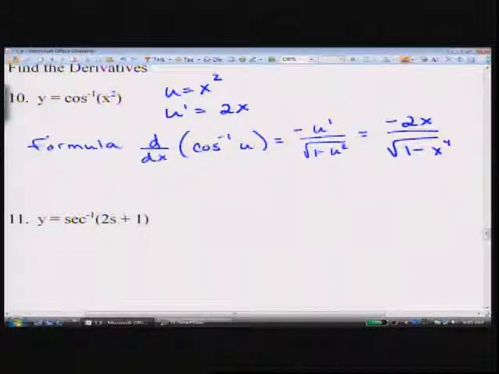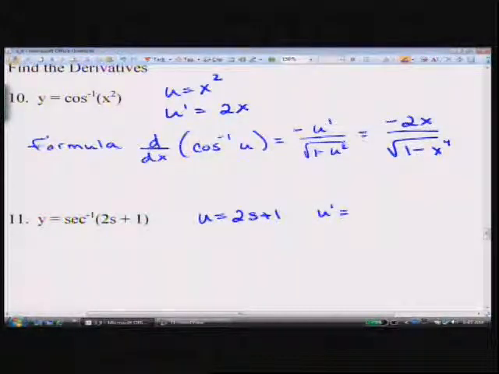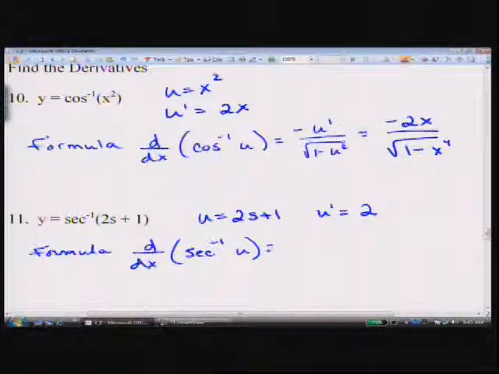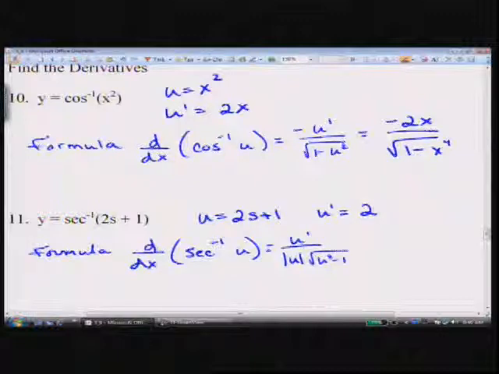So for the inverse secant function, your u here is 2s plus 1. So u prime is just 2. All right? According to the formula, the derivative with respect to x of the inverse secant of u is equal to u prime over the absolute value of u times the square root of u squared minus 1.